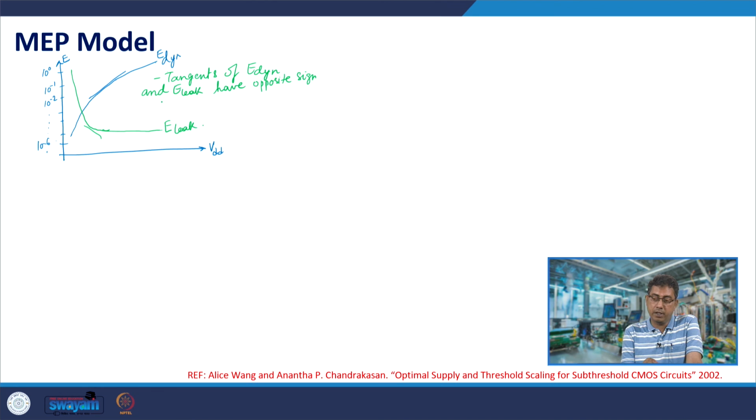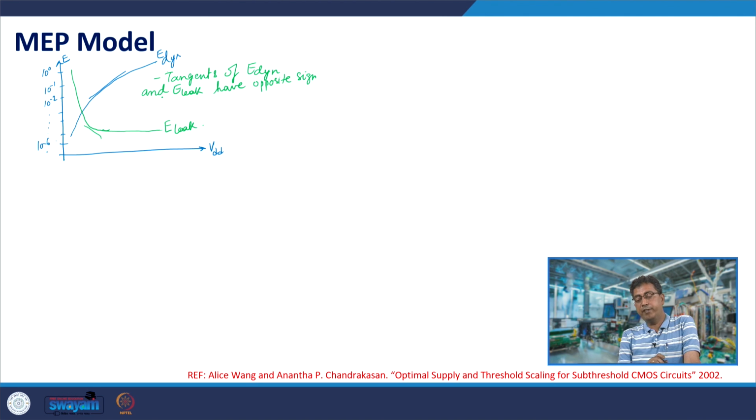Wherever the tangents have equal magnitudes, that is the optimum VDD. Wherever the reduction in dynamic energy and the increase in leakage energy with a reduction in VDD is equal, you have the optimum VDD. So, this is what essentially we were doing.